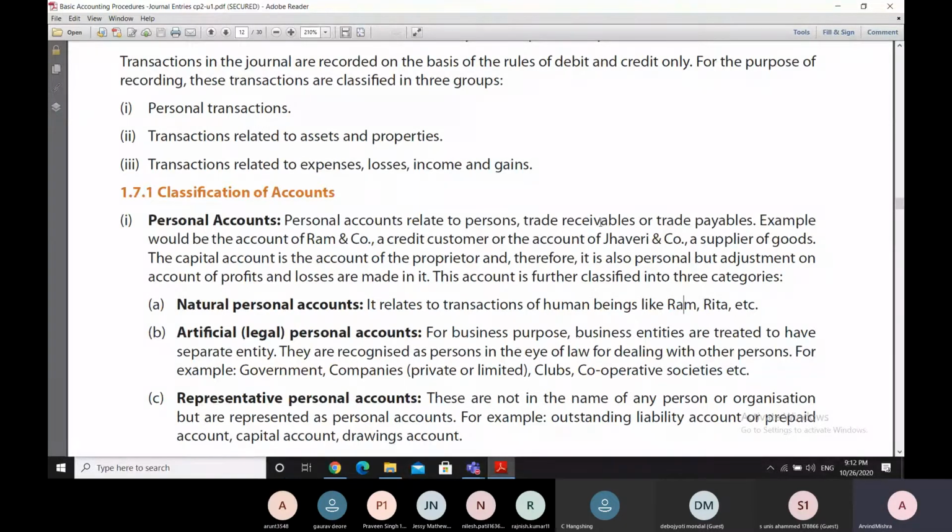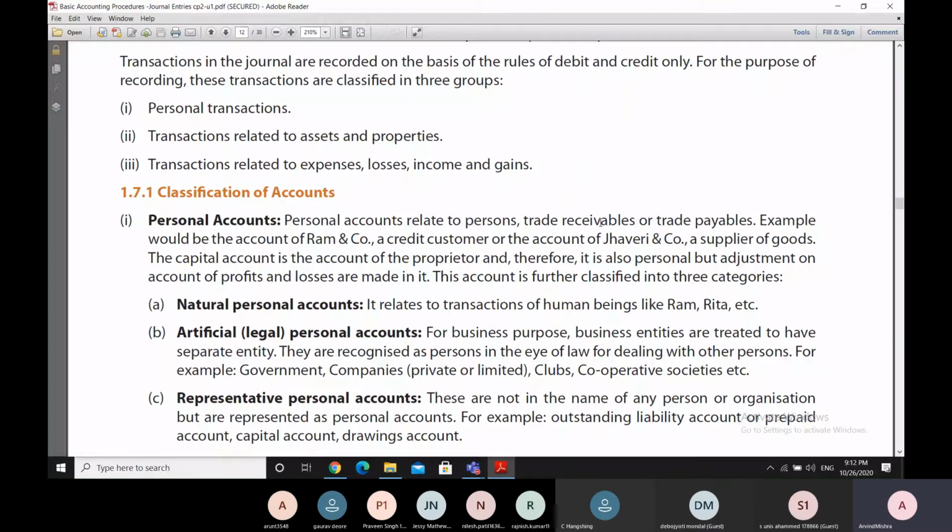For example, it's like the account of a company, let's say Ram and Company, which is, let us say, our customer.